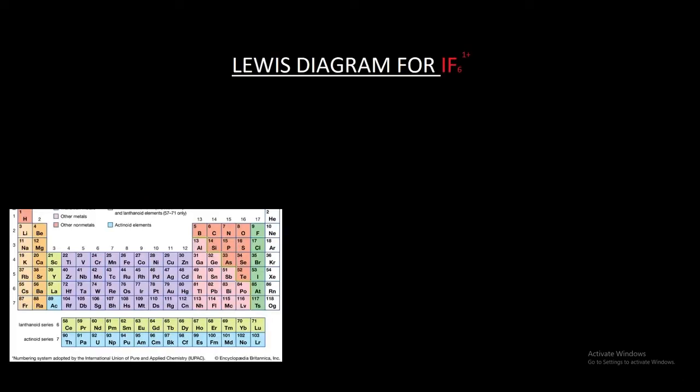To begin with our Lewis dot diagram, let's start by drawing our central atom and the surrounding atoms around it. So in this case, we know that our iodine is our central atom. We draw it in the middle. And then our 6 fluorines will be the surrounding atoms. So we're going to draw 6 fluorines: 1, 2, 3, 4, 5, 6.